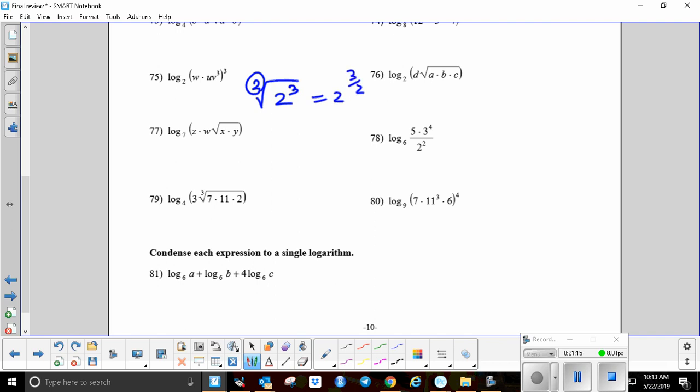See? 3 over 2. Or make another example. Let's say I have 5 to the power of 6 with a cube root. What would it become? 5 to the power of 6 over 3. Fraction. So same thing here.